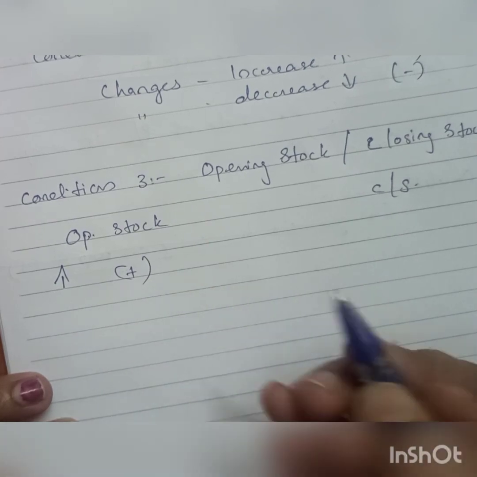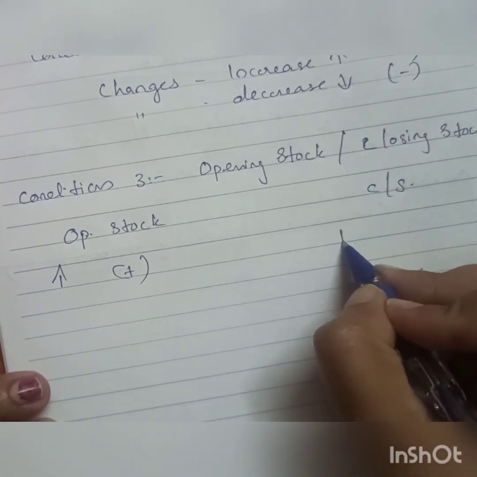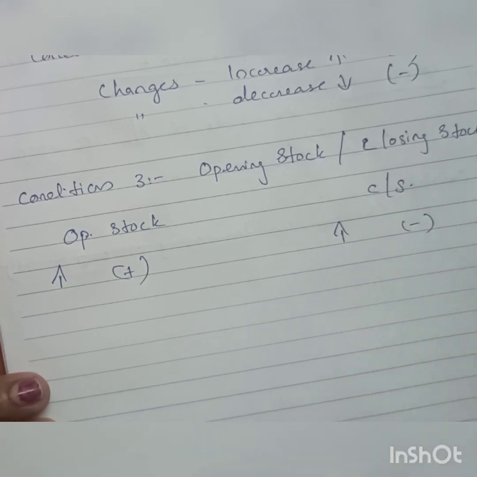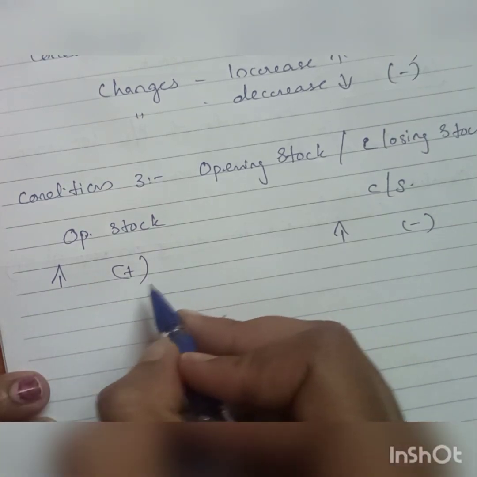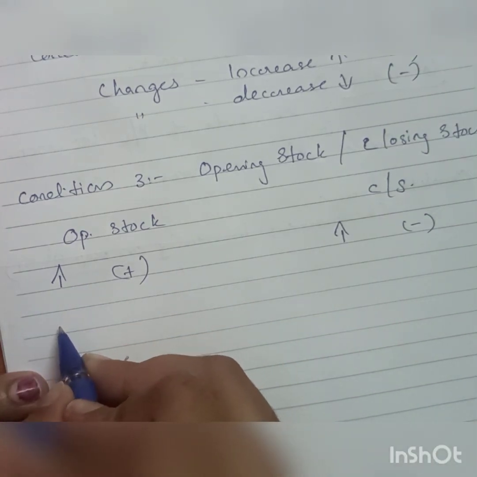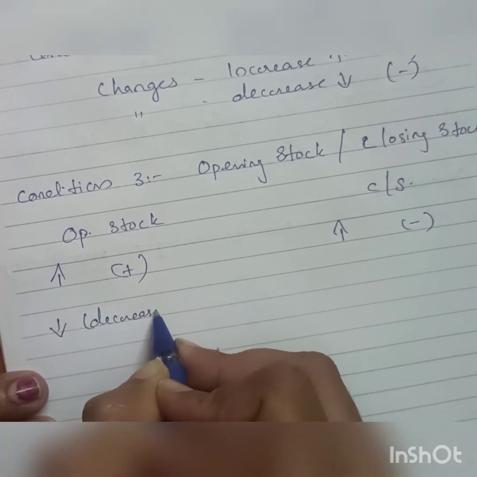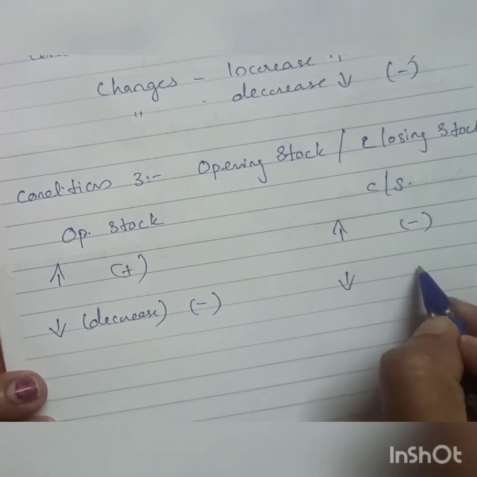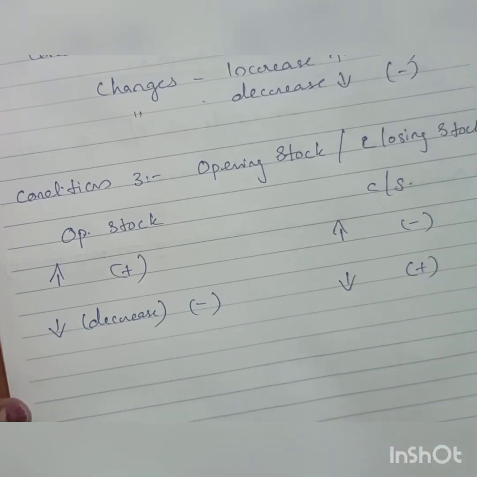Closing stock is the opposite of opening stock, so if the closing stock is increased, we have to minus. A decrease in opening stock we have to minus, and just the opposite for closing stock: if there is a reduction in closing stock, we have to add.